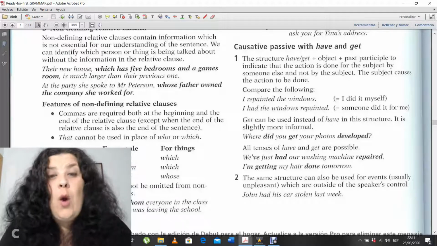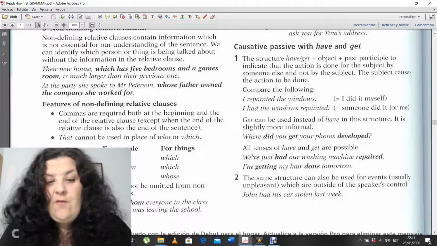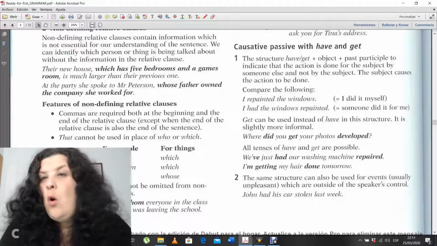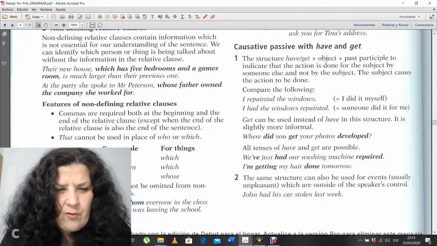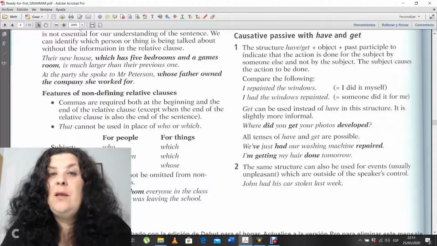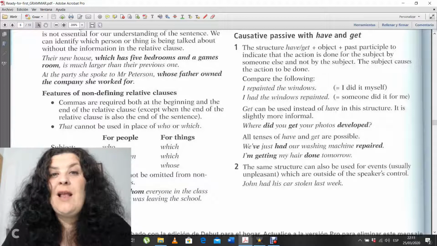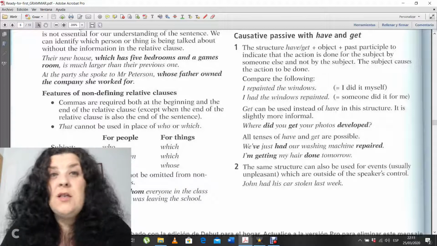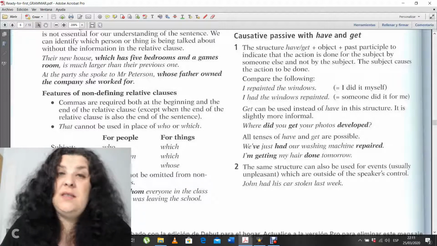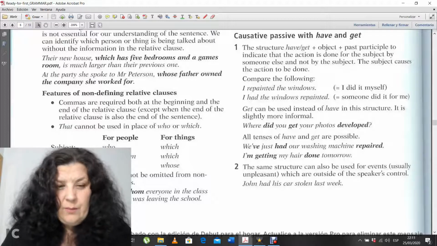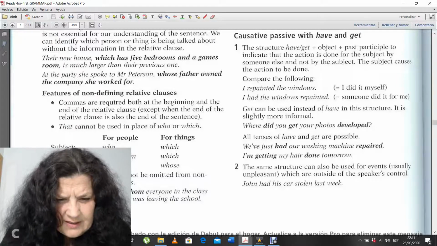Then the object, who and whom, for things which, and the possessive whose for both. And very, very important, in non-defining relative clauses, you cannot use that and pronouns cannot be omitted, right? So please understand this.